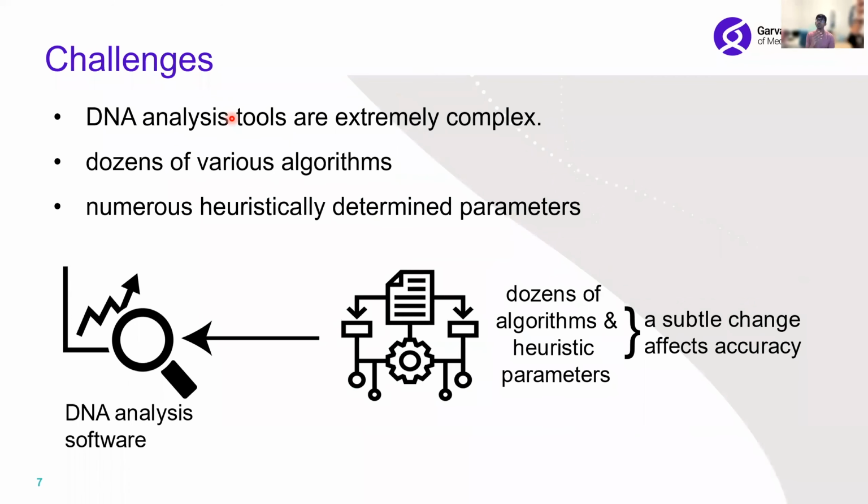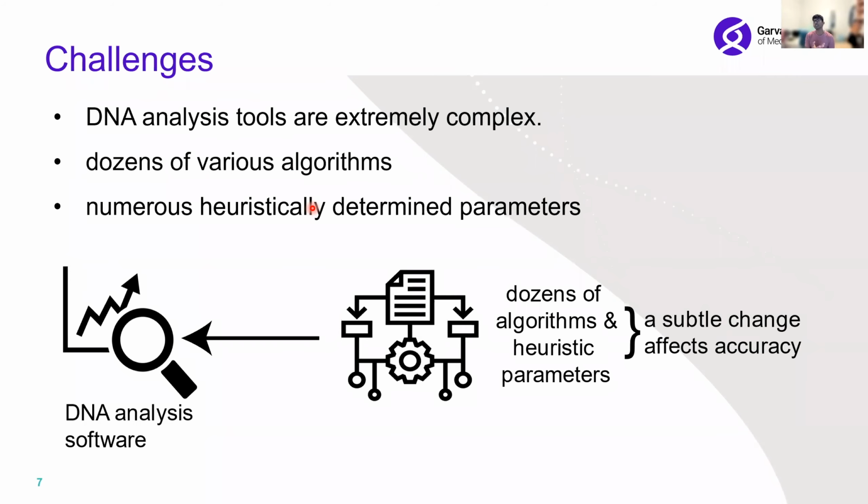You will realize by now the tools are very complex. It is not just dozens of algorithms which are stitched together in various order so that you get something useful. There are also many heuristically determined parameters for the computations which have some meaning for the biologists. So we can't change much around these parameters or algorithms, because a very subtle change can affect the accuracy.